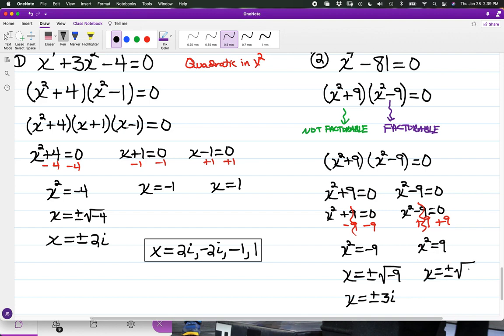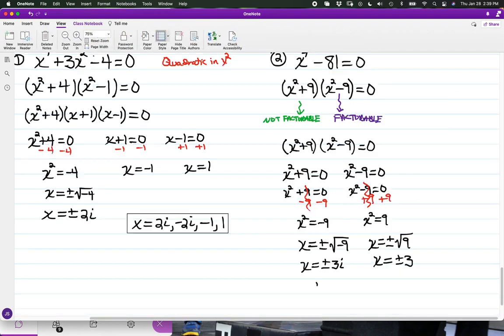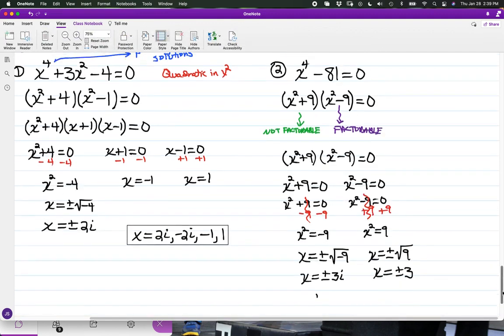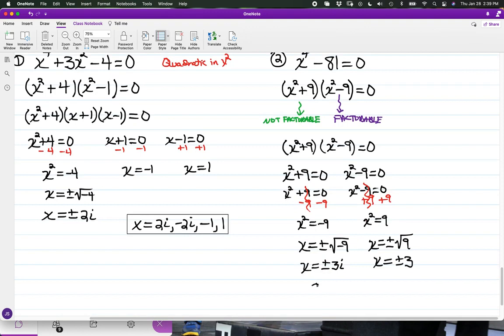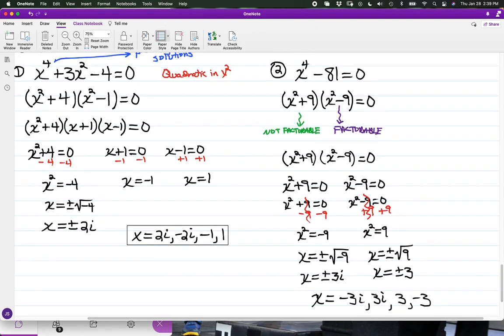So we have x equal to plus or minus the square root of 9. So we have x equal to plus or minus 3. Okay. And so we're going to have yet another set of 4 solutions. In this case, we have x equal to negative and positive 3i, and for x, we have positive and negative 3. So you have another quartet of solutions, 2 from the real number system and 2 from the complex.